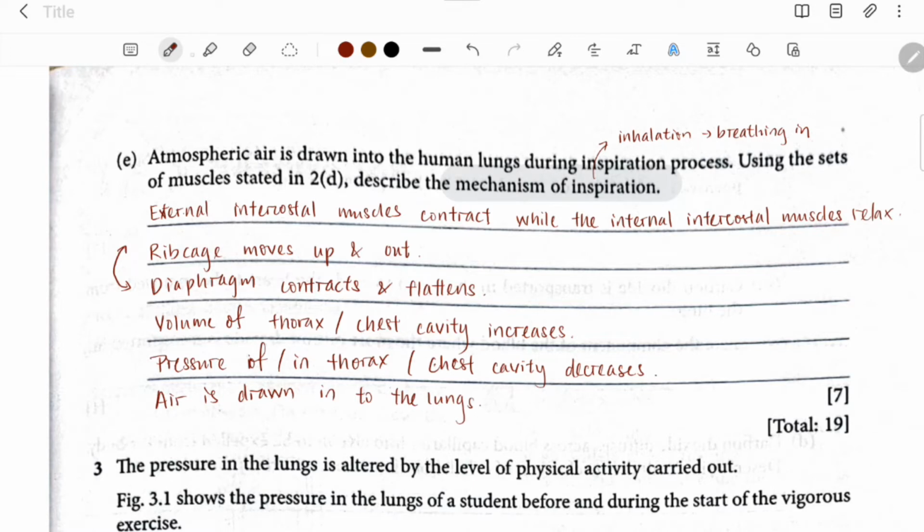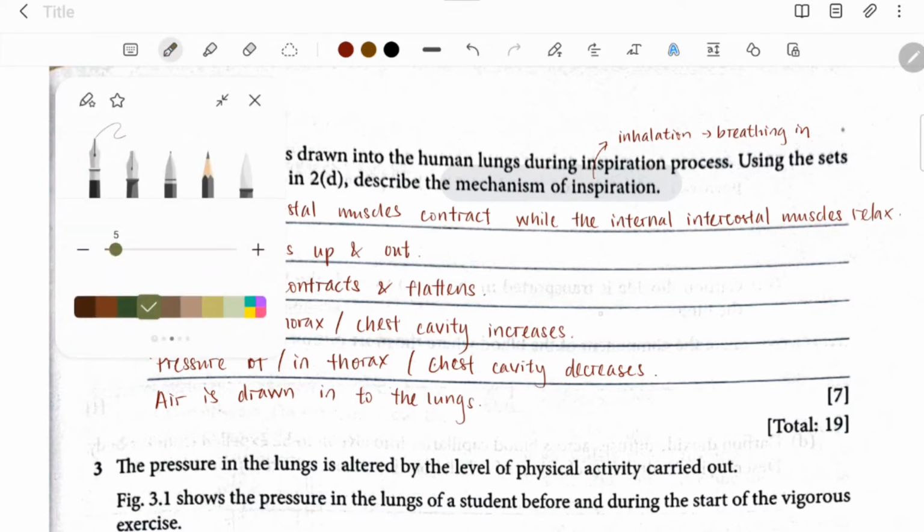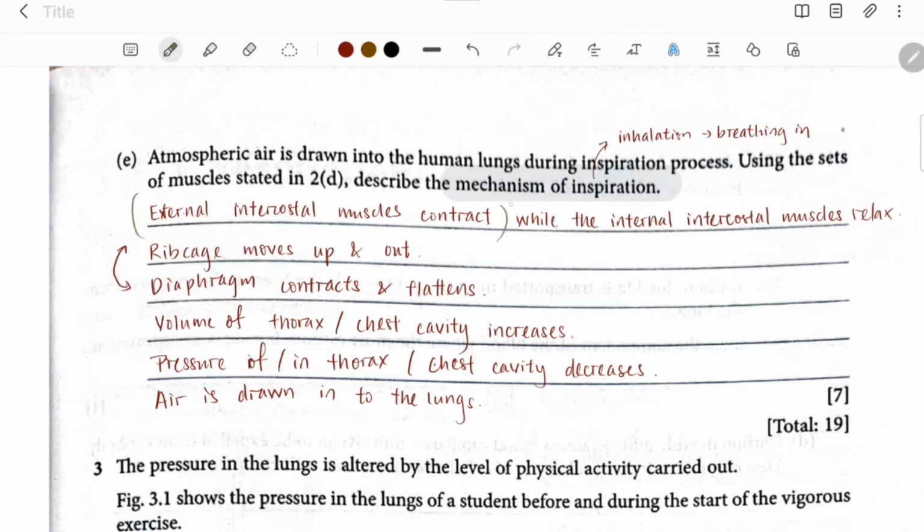Okay, so 7 marks. Where are the marks? 1 mark, 2 marks, 3, 4, 5, 6, 7 marks. Okay, the points that you must write: external intercostal muscle, must write the full name, and what they do, contract. Internal intercostal muscle, relax. Rib cage moves upwards and outwards.